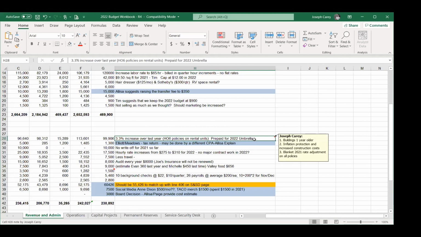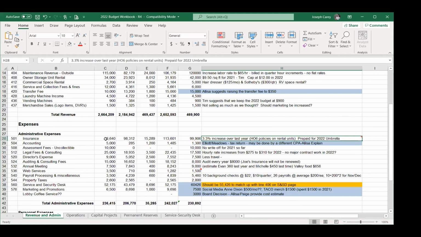And of course, most insurance companies, American Family included, had a blanket 2021 rate adjustment on all policies. So that resulted in our policy rate going from $96,640 up to $99,906.